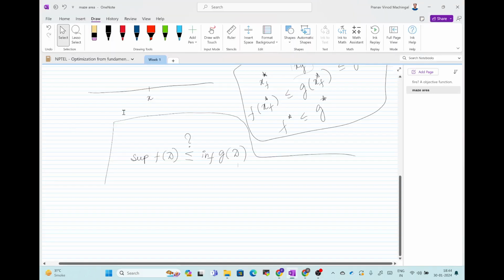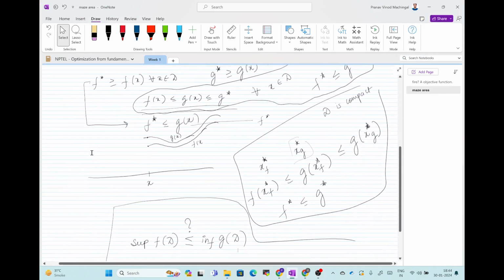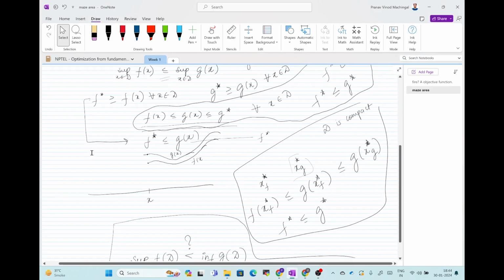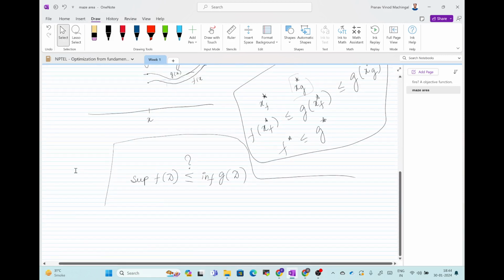Is this true or false? Seems false. Because from this example itself, we can see f star, the sup, is here and the infimum could be somewhere here also. So this is false.